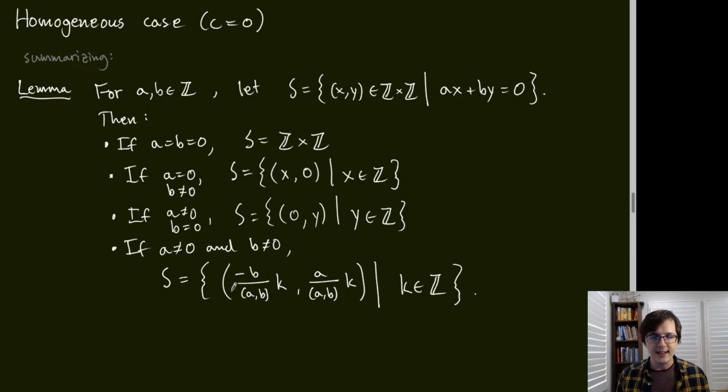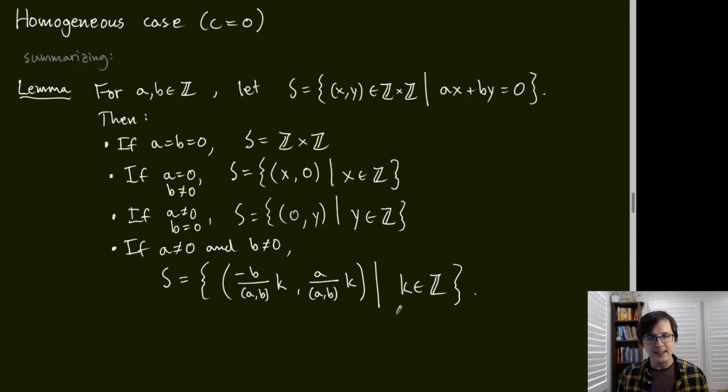This is just copied from the previous slide, but written in terms of a and b instead of a prime and b prime. So it's the set of all (minus b over the GCD of a and b times k, a over the GCD of a and b times k) for x and y. There doesn't actually need to be 4 cases here. Cases 2 and 3 are actually encompassed in the fourth one. Everything does work out.